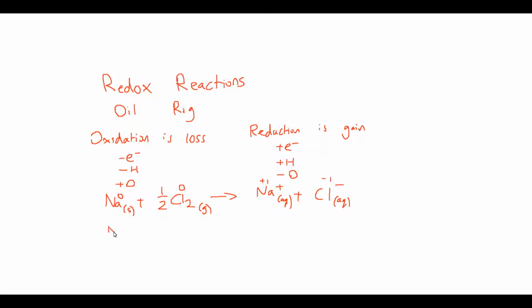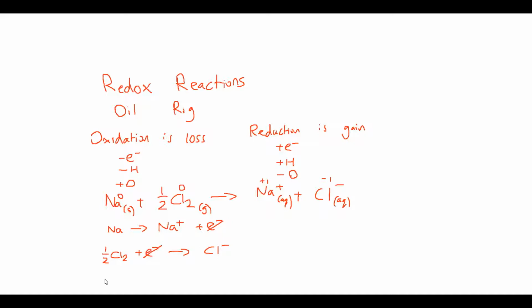We can prove this by looking at the half equations. Sodium is losing an electron, so going to Na+ plus an electron. Chlorine, on the other hand, is gaining an electron, going to chloride. If we combine our two equations together, we can cancel our electrons, as they are on opposite sides of our arrow.